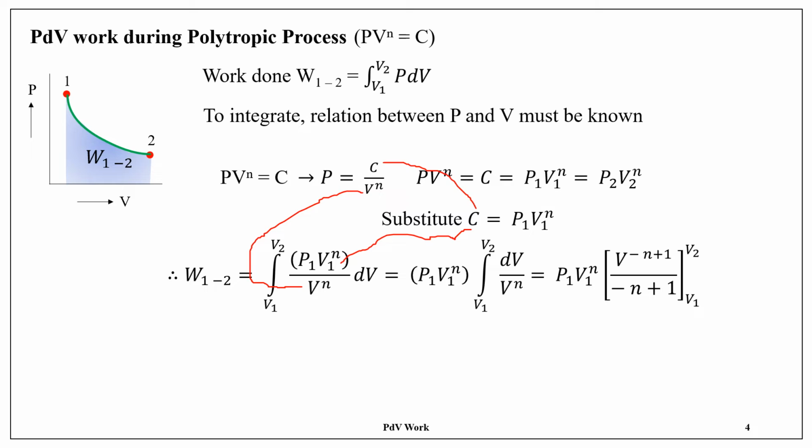And of course, instead of this P, we are substituting this. This P1 V1 power n is a constant. Therefore, in the integral, we can take this P1 V1 power n out, and upon integration, we will get this one after substituting the limits.